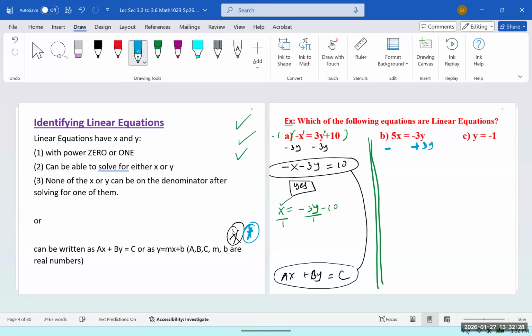If we add 3y to both sides, you get 5x plus 3y equals 0, which is the same as ax plus by equals 0. So we could write our equation in standard form. So yes, this is a linear function.